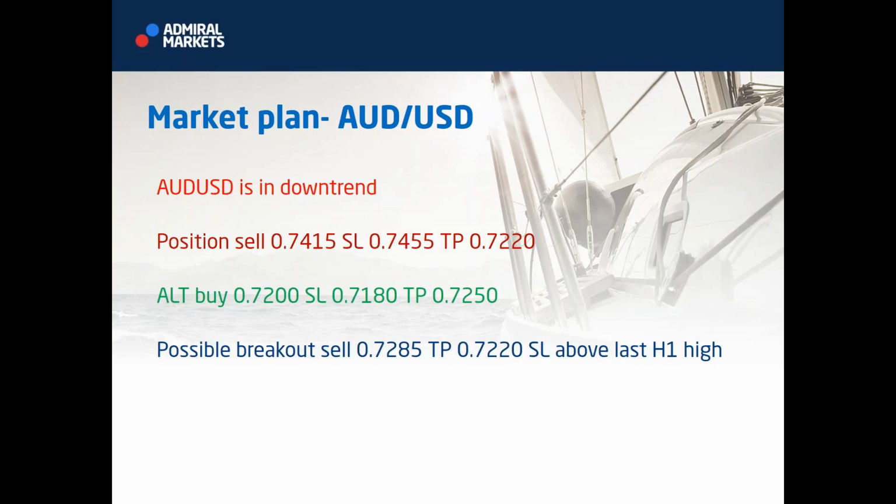So fundamental analysis is aligned with technicals, and I see sell on rallies. So this is a sell position, this is a possible counter trend buy position, and a possible breakout sell will happen at the break of 72.85 to over 72.20. Stop loss goes above the last 1 hour high.